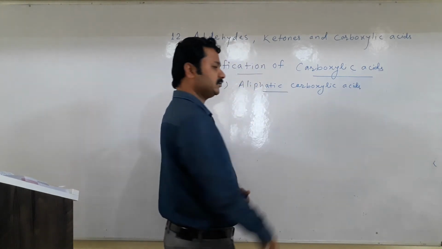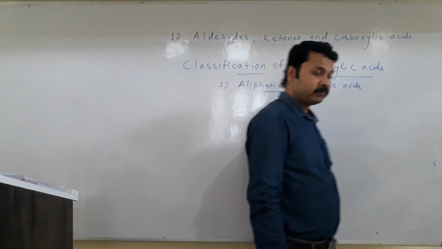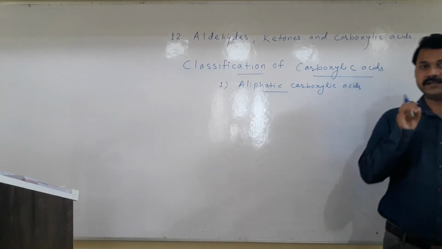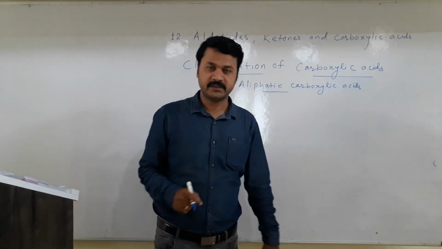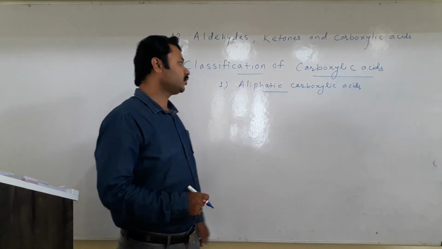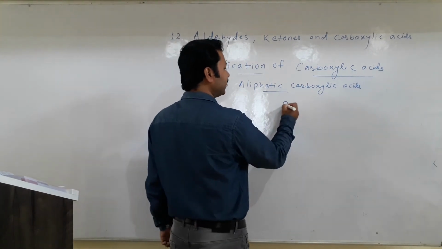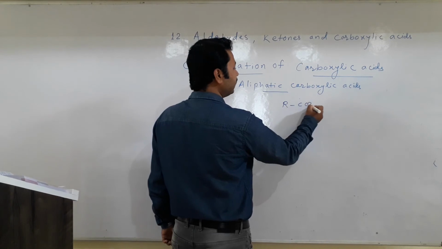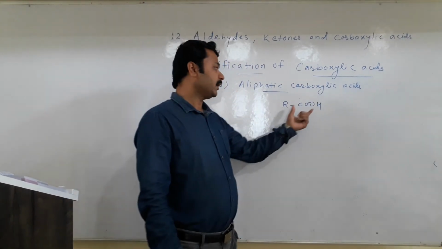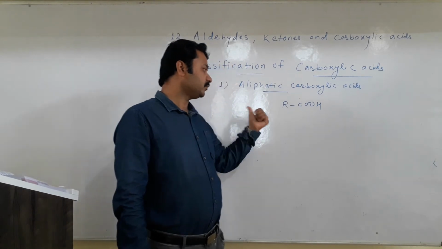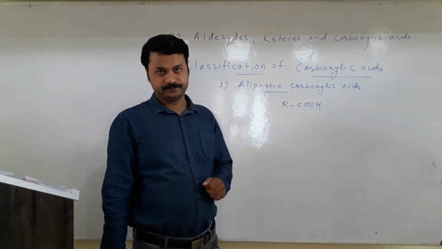In aliphatic carboxylic acids, carboxylic group COOH group is attached to an alkyl group. So, aliphatic carboxylic acids are generally represented by RCOOH. In this, carboxylic group is attached to alkyl group.